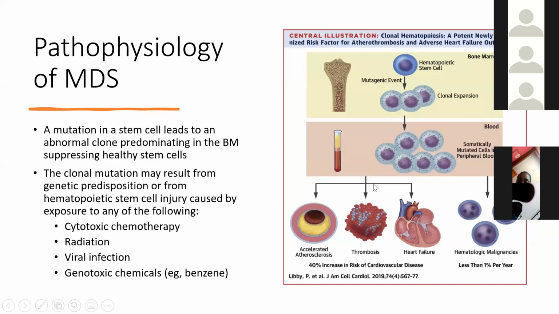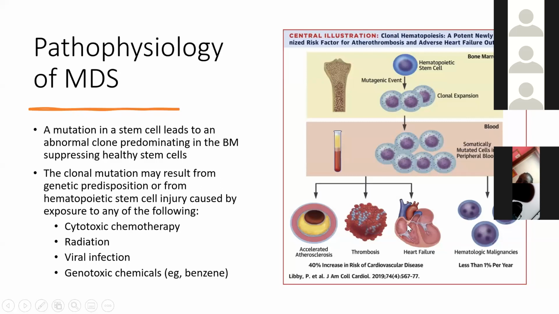And we do know that this clonal hemopoiesis, as it is called, these mutated stem cells, can also predispose patients to not only hematologic malignancies, but also to conditions like atherosclerosis, which is accelerated, thrombosis, and heart failure.